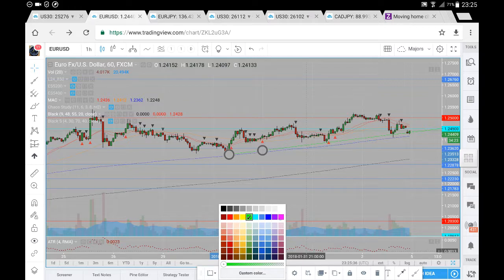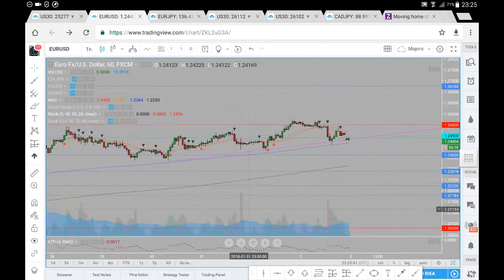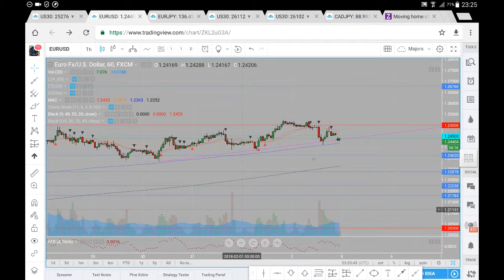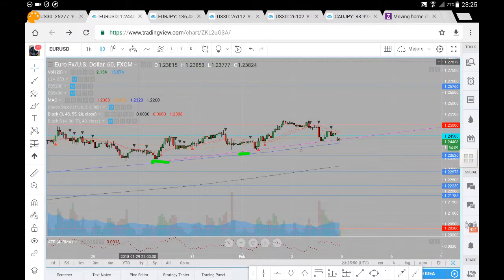Let's try a different color. There we are. So as you can see, within this pink line here, it does appear that we have some ascending support on the euro dollar.